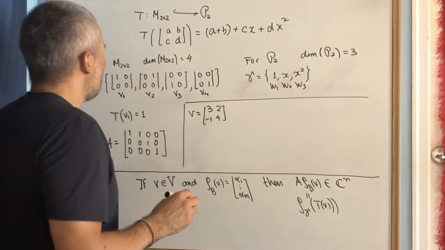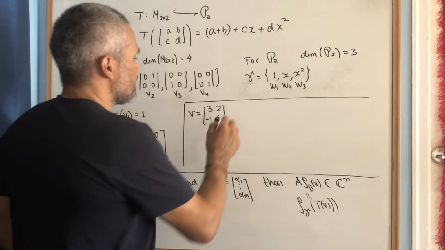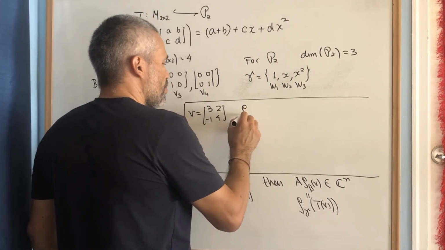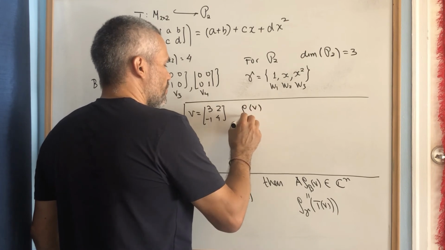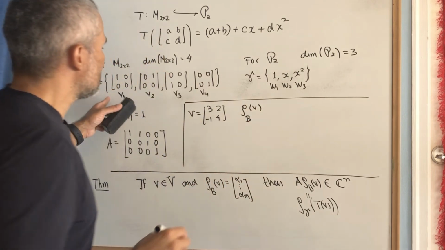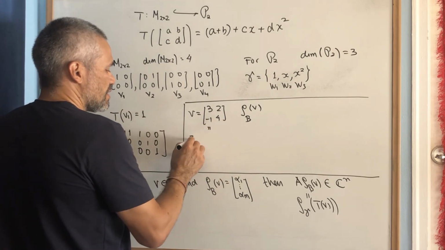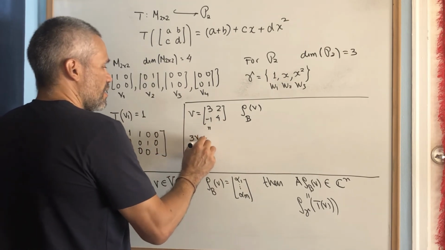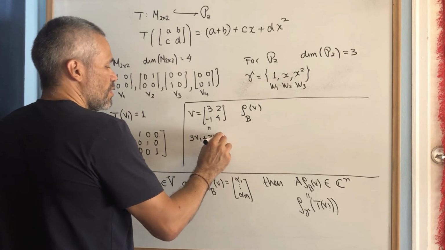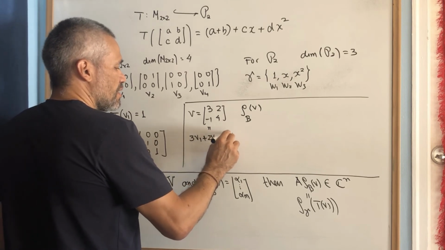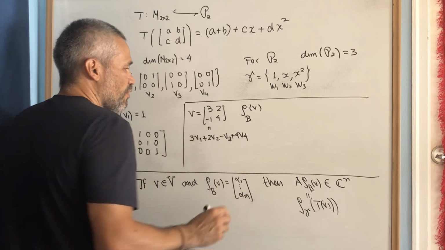Then when I write the representation of this vector with respect to my basis B, I notice that this matrix can be written as 3 times B1 plus 2 times B2 minus B3 plus 4 times B4.